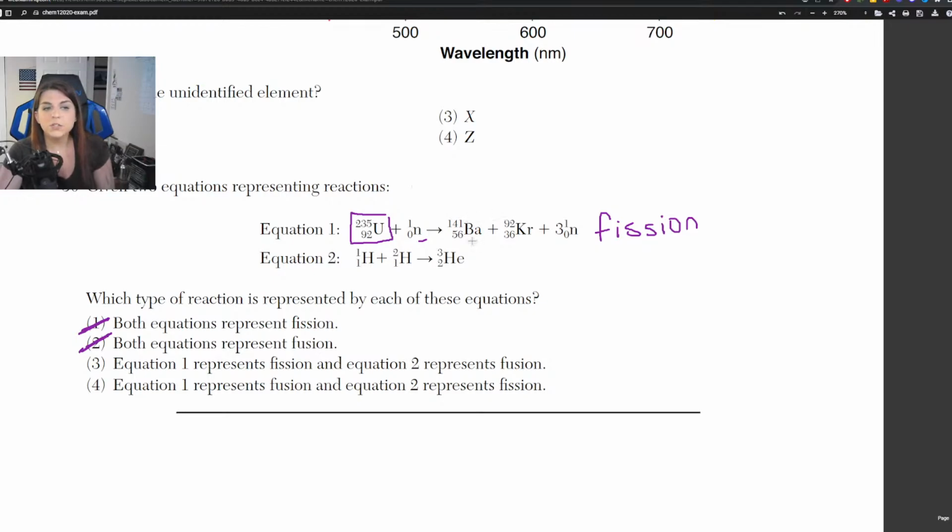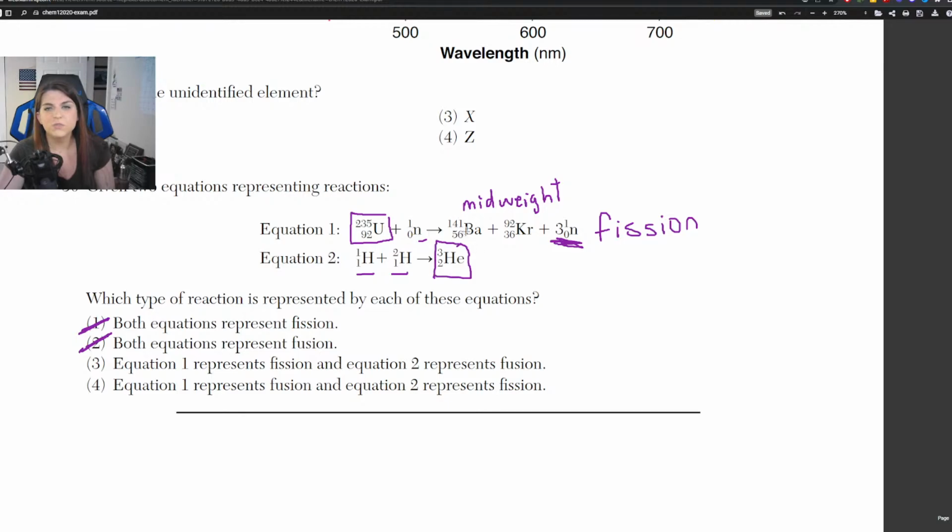So it splits into what we call mid-weight elements. Typically, you'll have one in the 50s and one in the 30s, and then you get a bunch of neutrons. And then these neutrons go flying around and hit the other uraniums that haven't reacted yet. So that's fission.